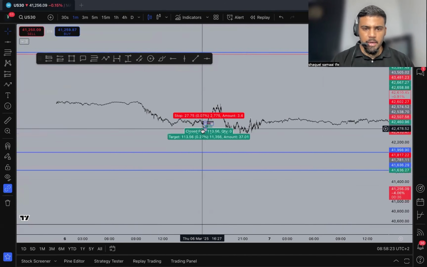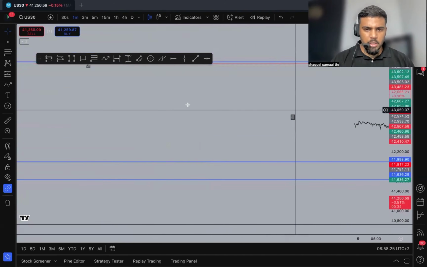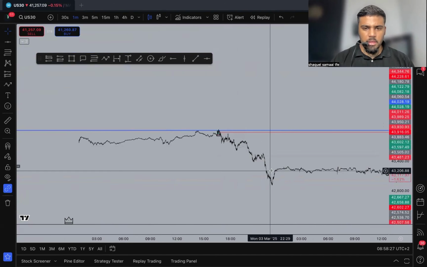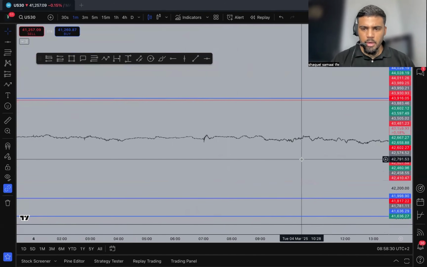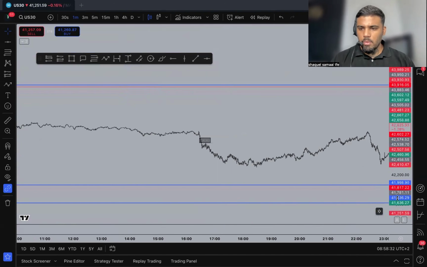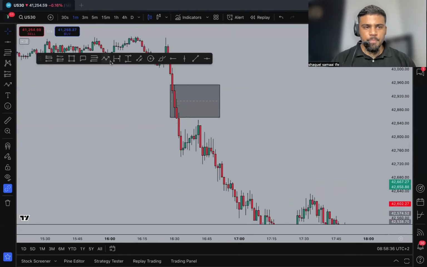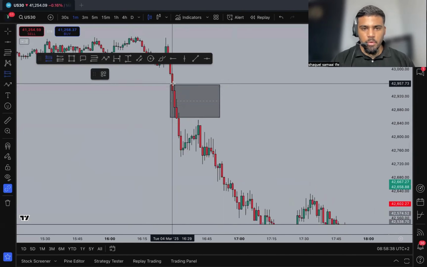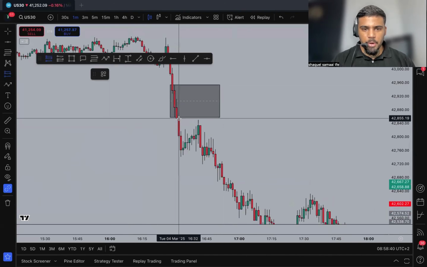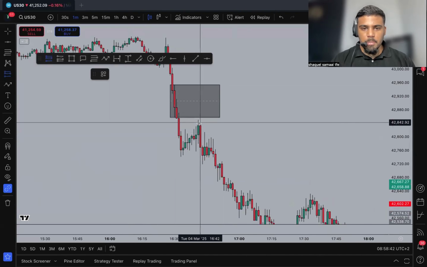So that was Monday, the 3rd. There we go. And now here's the 4th. So you can see Tuesday the 4th of March. There's a candle, it breaks out, and you see it missed the retest.